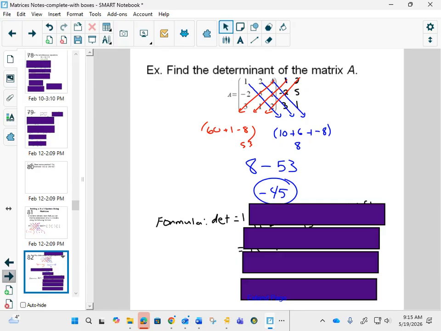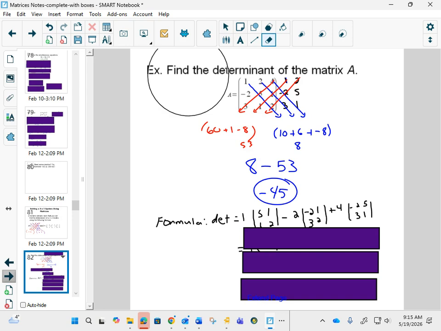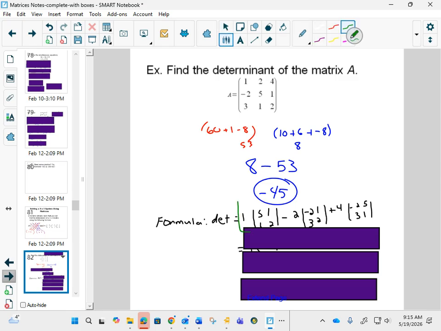But if we want to do it with the formula, now I'm going to erase my arrows so I can talk about the formula. This one in the green box takes this number, ignores these, and multiplies by the determinant of what is left.